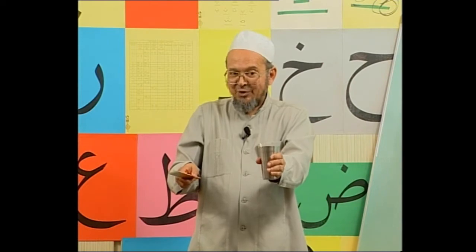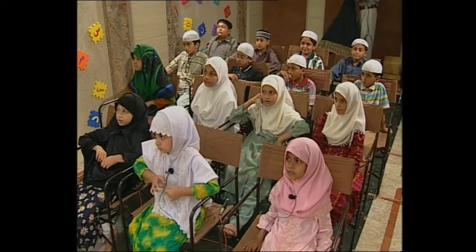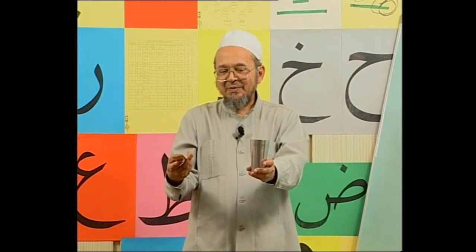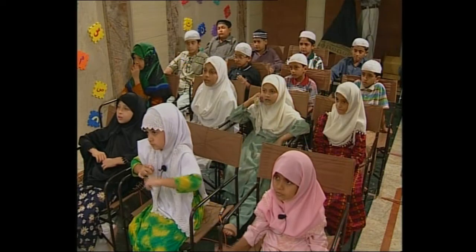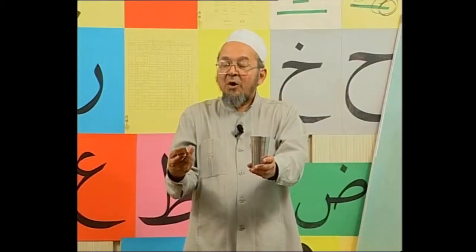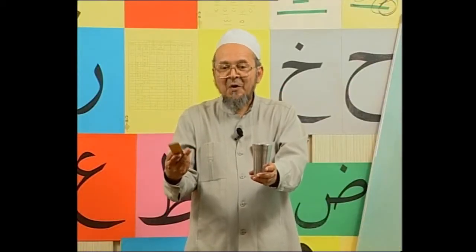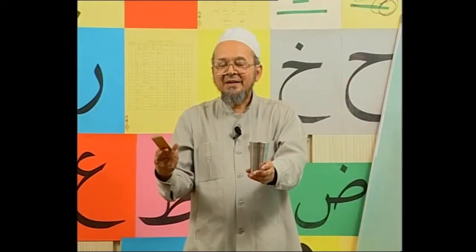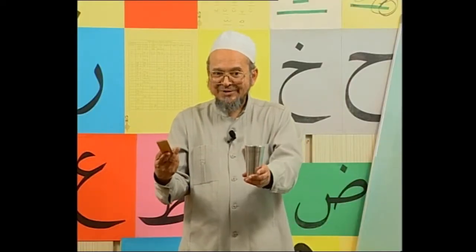No. If, for example, this is Sakin, isn't it? Stationary. Sakin means what? Stationary. And the ruler is also Sakin, stationary. Can we get any sound? No, we can't get any sound. In order to get the sound, one of the objects must move and hit the stationary object.